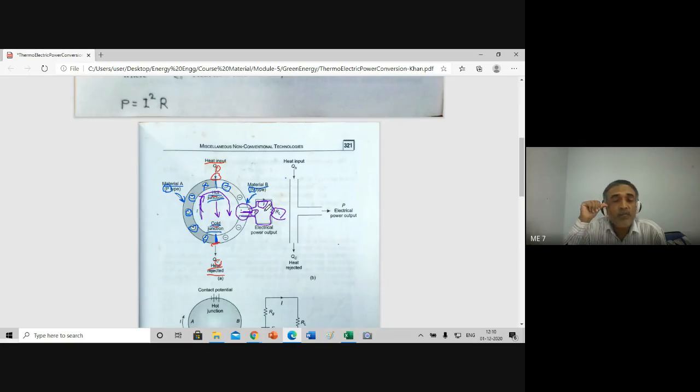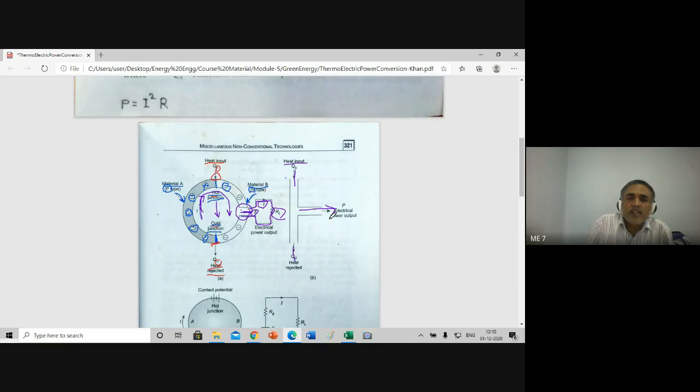That is the best form of energy, electrical energy. So easy. This can be represented in a line diagram like this: heat input, then heat rejected, and electrical power comes out.